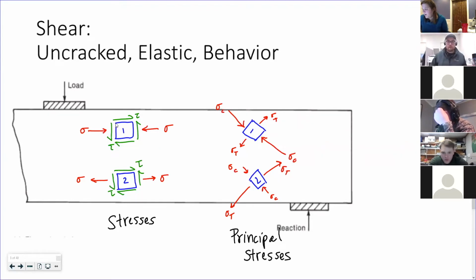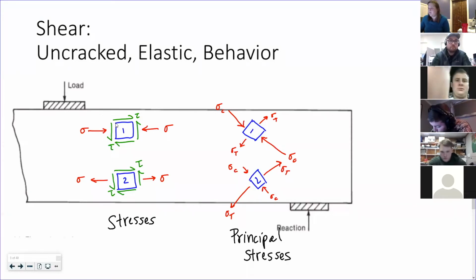I don't know how much you did this in mechanics, but basically for any state of stress with normal and shear stresses, you can rotate the element so that all of the stresses are normal, or you're at your maximum shear. Depending on how you rotate your element, the stresses change their directions. Well, the faces on which they act change directions.